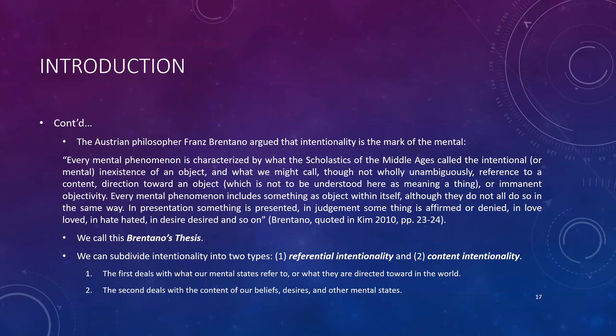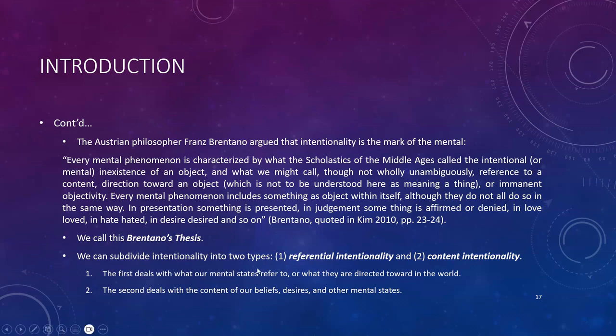Every mental phenomenon includes something as object within itself, although they do not all do so in the same way. In presentation, something is presented. In judgment, something is affirmed or denied. In love, loved. In hate, hated. In desire, desired, and so on." So this aboutness, what our mental states are about, is intentionality. And Brentano's thesis is that intentionality is the mark of the mental.